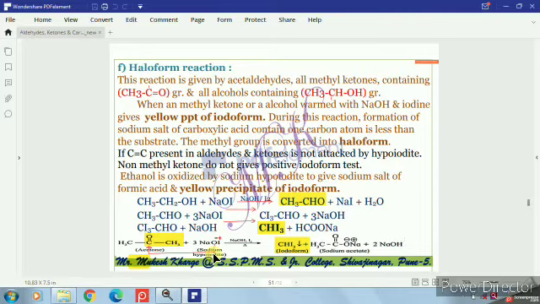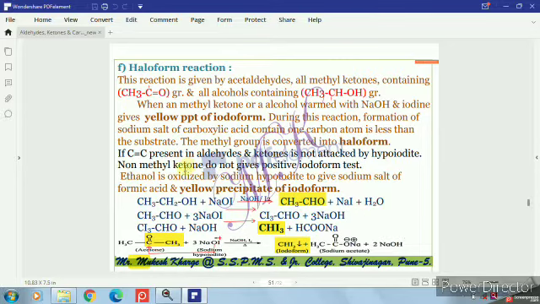There are some points. If we take an unsaturated compound, either alcohol, aldehyde or ketone, which contains the CH3CO group, or an alcohol which can be converted into the CH3CO group, and it contains a carbon-carbon double bond, then NaOI does not oxidize that group.